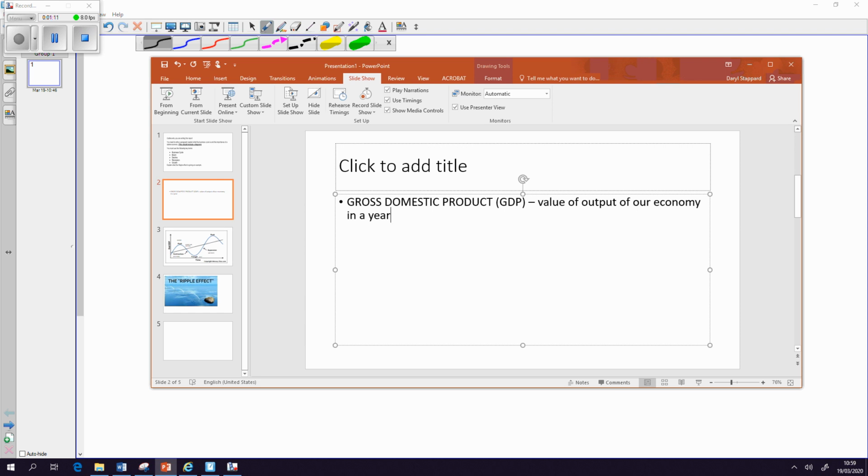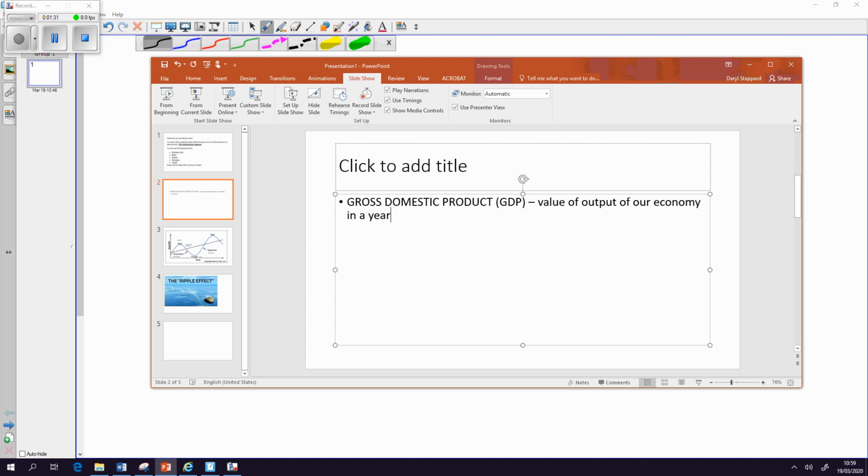So, for example, if we were going to be working out the GDP for 2019 in Britain, we would add up the value of all the different products produced by the people that live and work within our economy. Now, last year, the UK's GDP was roughly about £2 trillion.